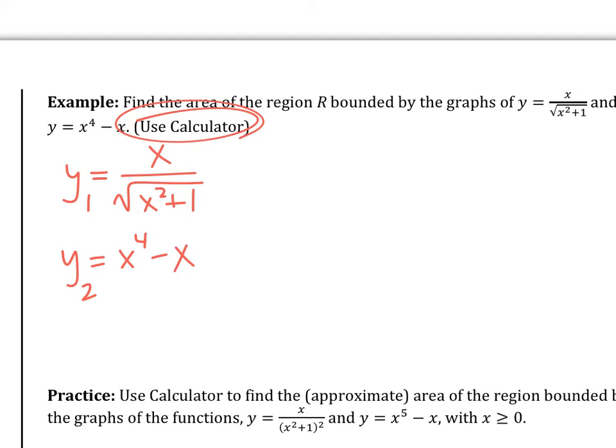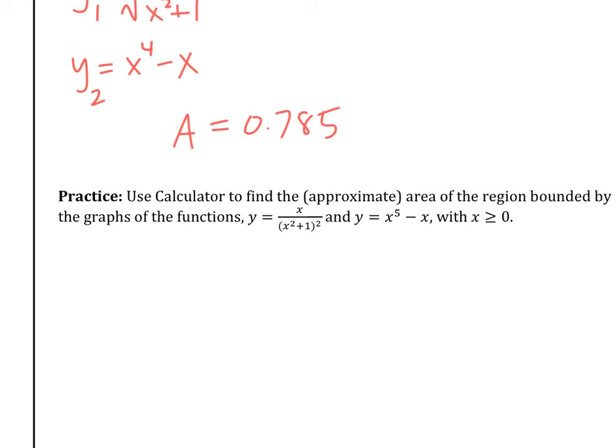This one is just one big graph intersecting at 2 points. One is on top of the other and it's very clear. And all you have to do is just integrate, but the calculator practice. If you're stuck, let me know. Okay, so the area is equal to 0.785. Okay? Yes. Okay. Next one.